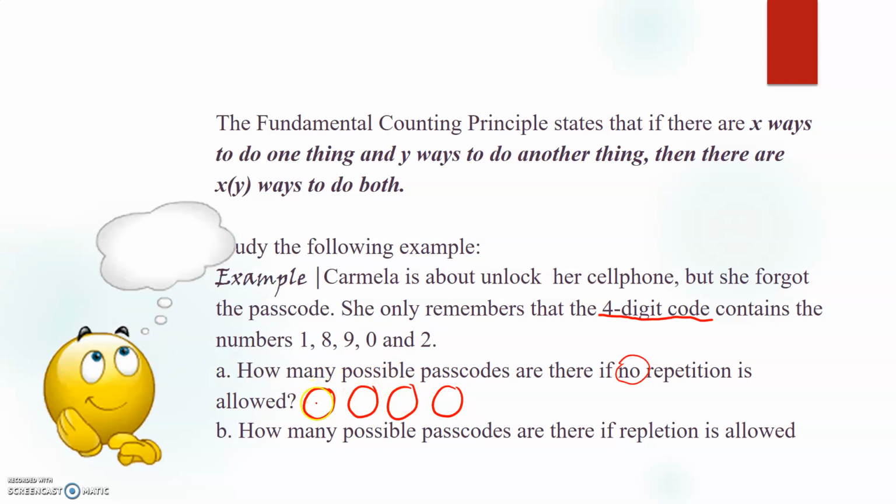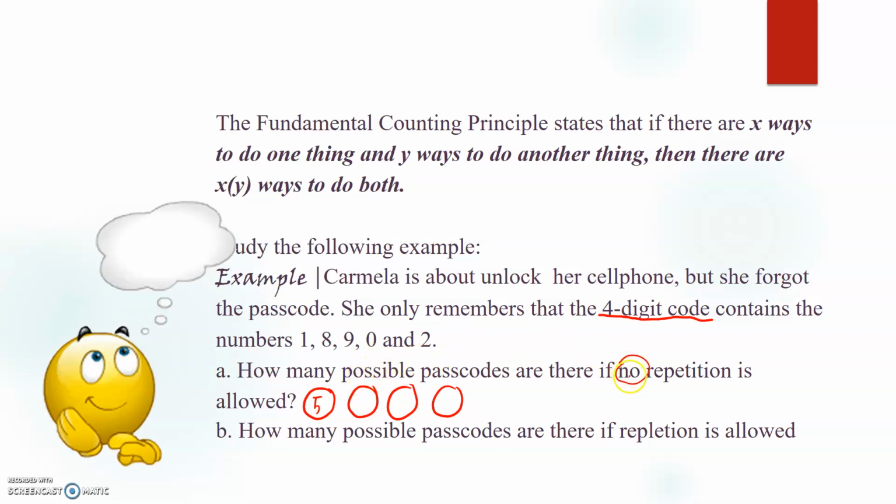Now, for the first digit, how many choices do we have? So we have 1, 8, 9, 0, and 2. We have 5 choices for the first digit. It can be any number out of those 5 numbers, right?